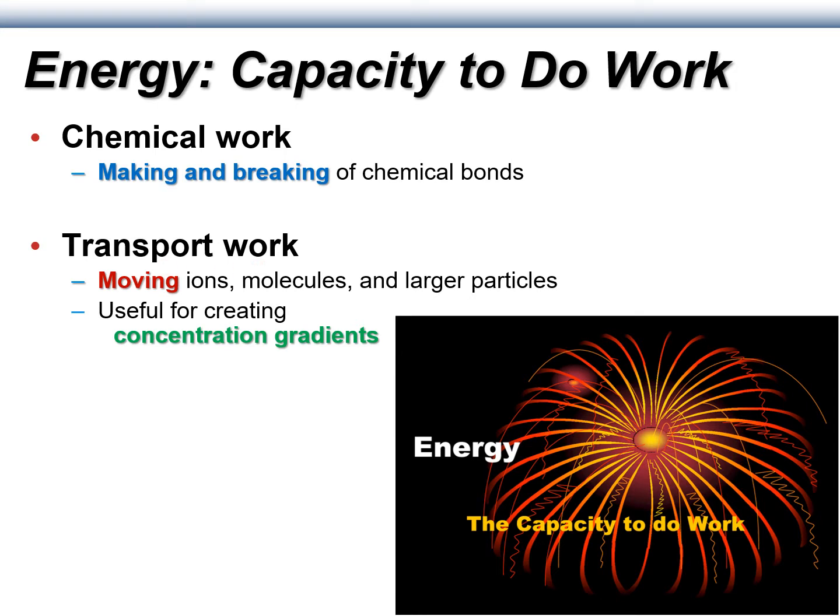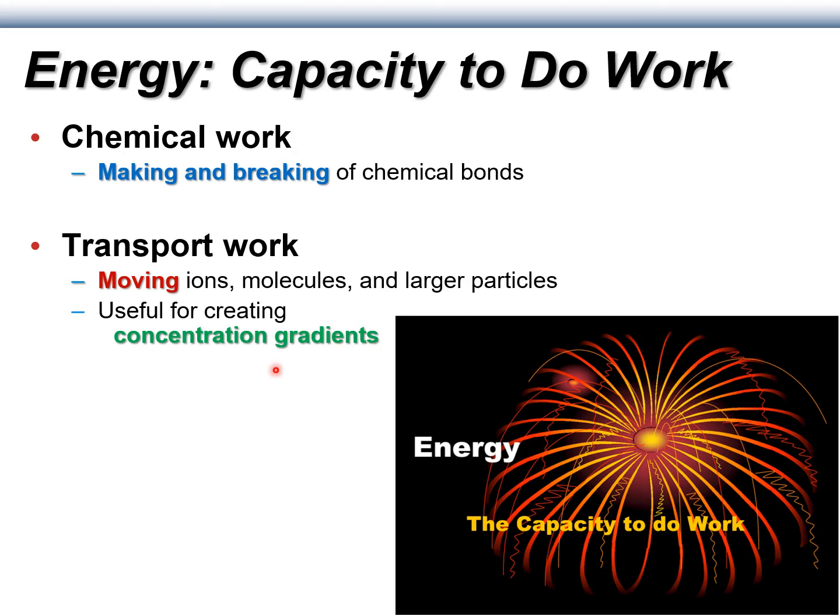We also have transport work, that is, for instance, moving ions from the intracellular compartment to the extracellular or vice versa, moving molecules, and that can be across tissues or through cells, you name it. Even larger particles in some cases. For instance, transport work might involve muscular motion and contraction to cause what we call bulk flow.